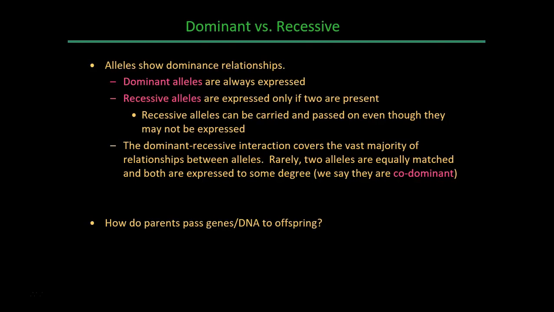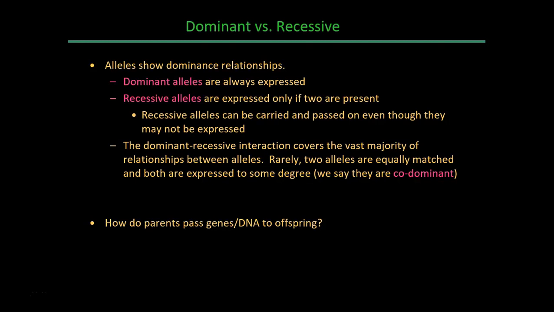So the allele that is expressed to make a protein is the dominant allele. Okay, so if you have two different alleles, I'm just going to say this one more time, two different versions, then the dominant one is the one that gets used to make the protein, and the recessive one just kind of goes quiet. It's not used for anything.